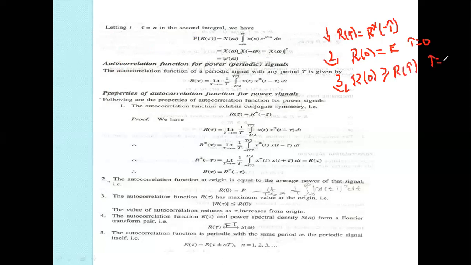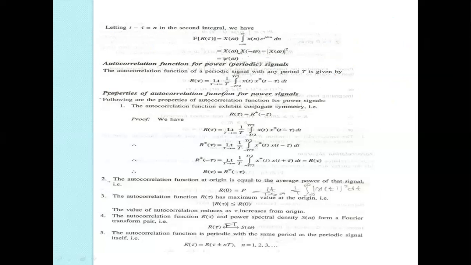And the fourth one, the autocorrelation function and the energy spectral density form a Fourier transform pair, giving psi of omega. Okay, so these are the four properties for the autocorrelation function.